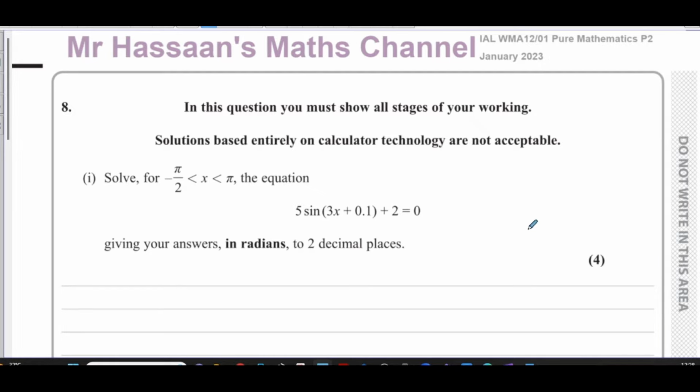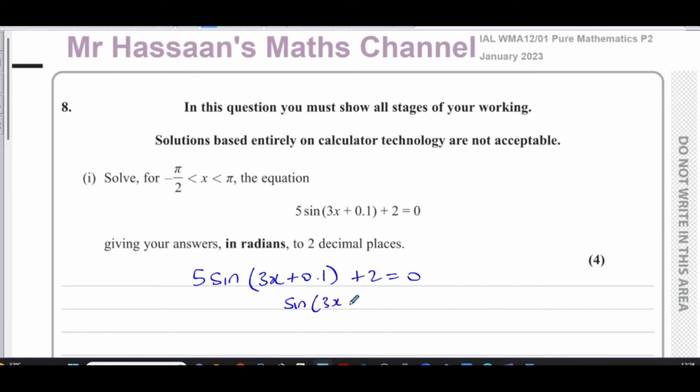Okay, so first of all, we need to take this equation and rearrange it so that we make sine of the angle the subject of the equation. So I'm going to take my 5 sine (3x plus 0.1) plus 2 equals 0. The first thing I'm going to do is subtract 2 from both sides and divide both sides by 5 to isolate the sine of the angle.